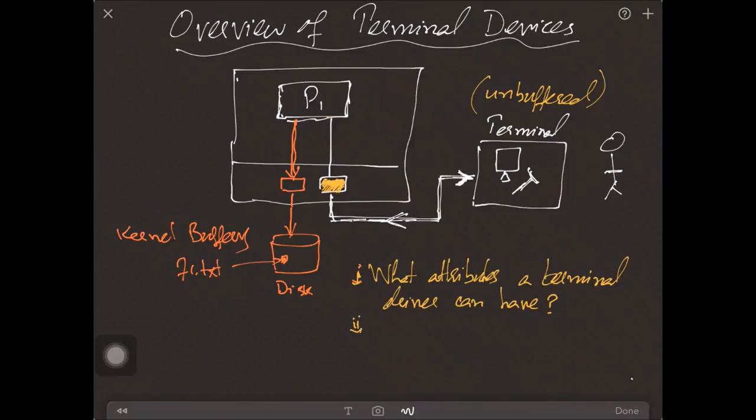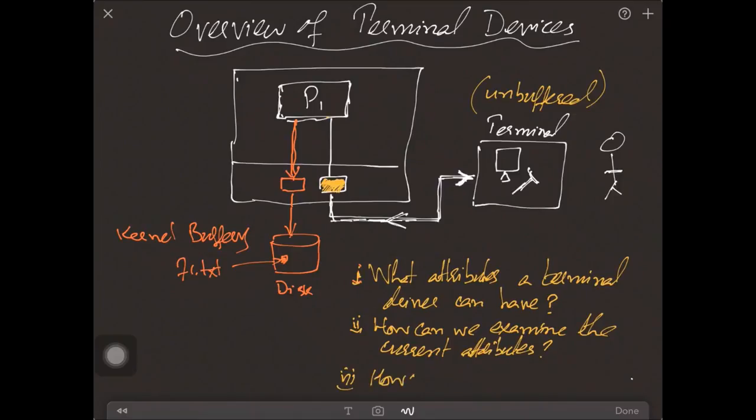So we are going to explore the attributes. We are going to see how we can examine the current attributes of our terminal. And finally, we're going to see how we can change these attributes.